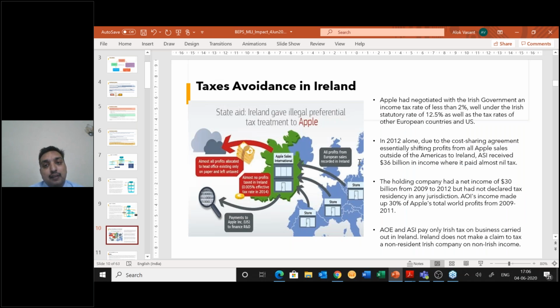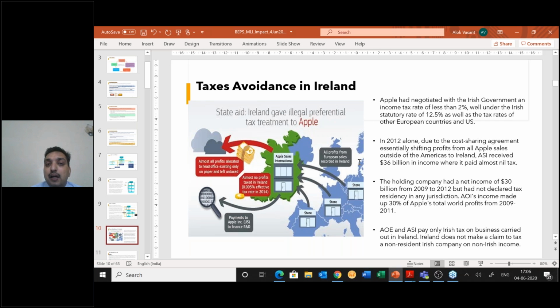Now, what had Apple done? Apple had negotiated with the Irish government an income tax rate of less than 2%. So it is possible that in some countries you can go and sit across the table and negotiate with the government that, look, I want to come and do this in my country. Can you offer me a better tax rate?